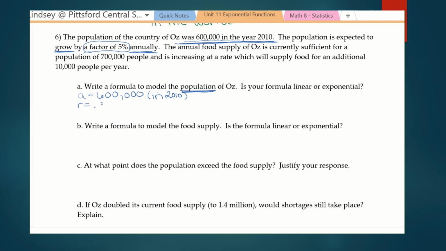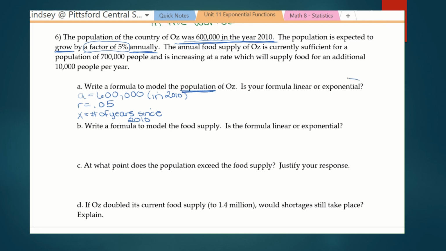We're going to put that in decimal form, so that's 0.05. And our x is the number of years since 2010. Because 2010 is where our initial value is from, and everything past that is going to be our x value, 1 year past, 2 years past, etc. Writing our equation, this is definitely an exponential. To answer the second half of the question, is your formula linear or exponential?